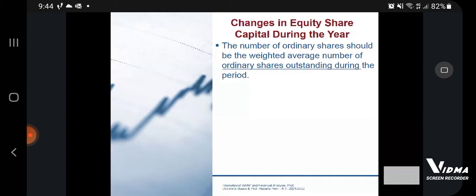Neither can I take a simple average number of shares, like how many shares do I have at 1st of January, plus shares at 31st of December, divided by 2. That is a simple average. No. The standard requires us to take into account a weighted average.